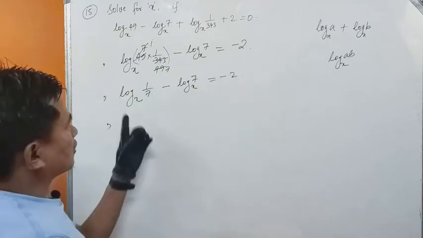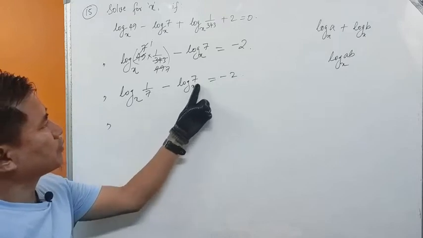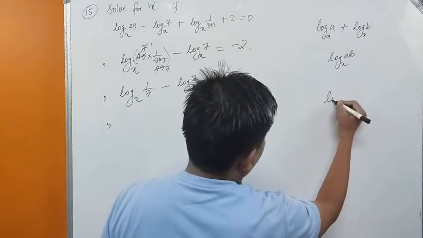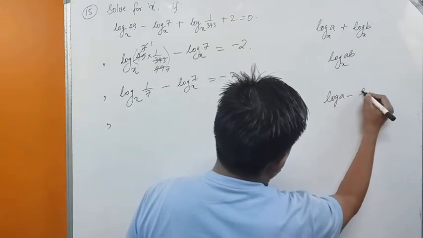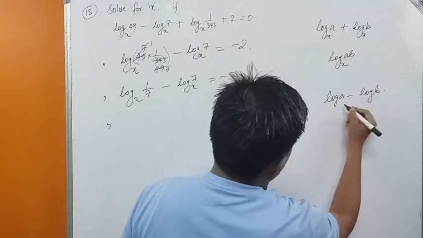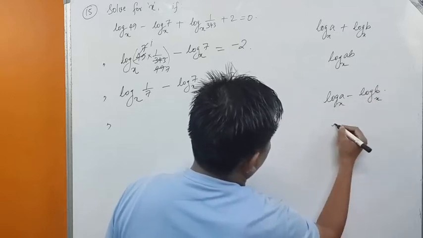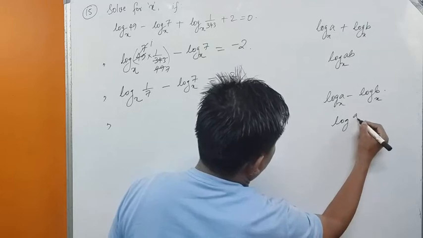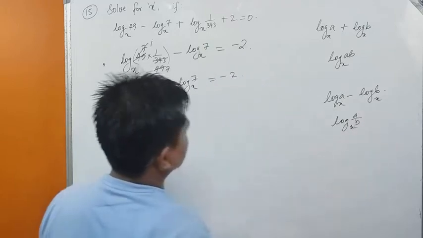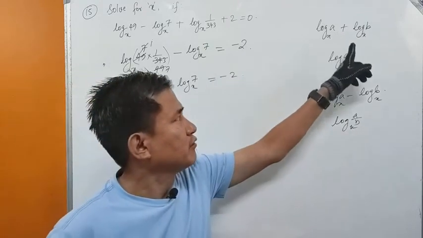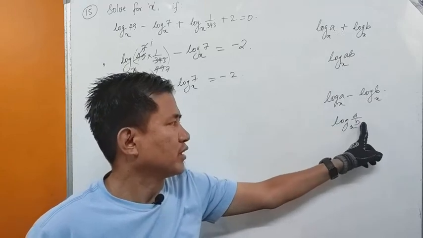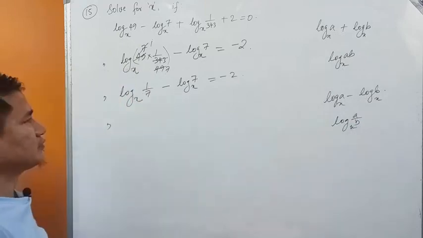Now this is log a minus log b, isn't it? So if we have log a minus log b to the same base, okay, bases are equal, then we can write this as log a upon b to the base x. If we have plus sign we write into, if we have minus sign we write upon, okay.